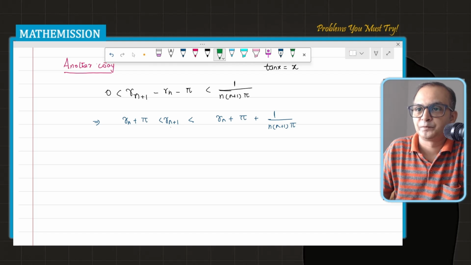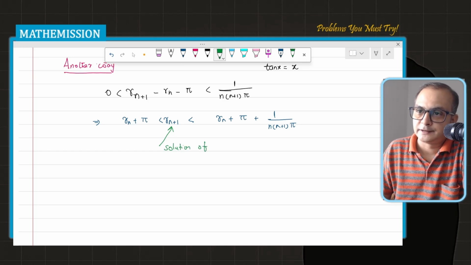So let's think. This Rn plus 1 is the root, or the solution, of tan x equal to x.